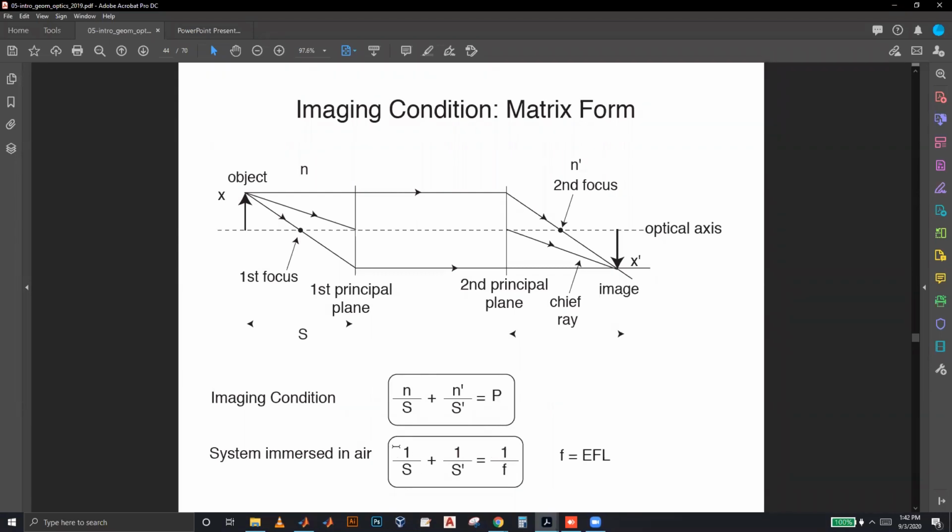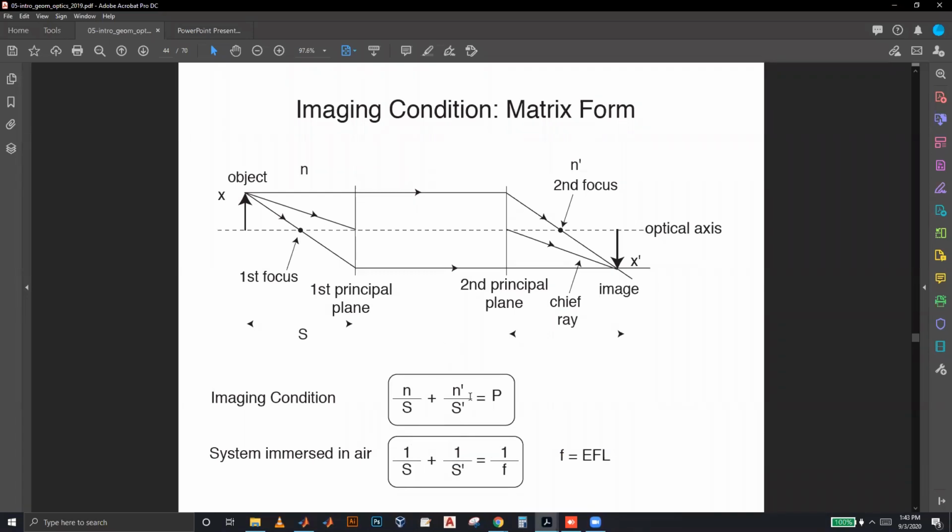So this is for the system immersed in air, 1 over object distance plus 1 over image distance equals 1 over focal length. For a complicated optical system, remember, this is the effective focal length.